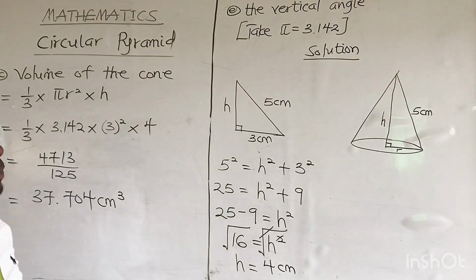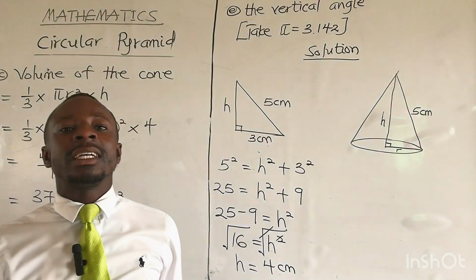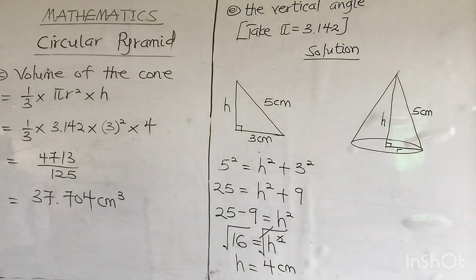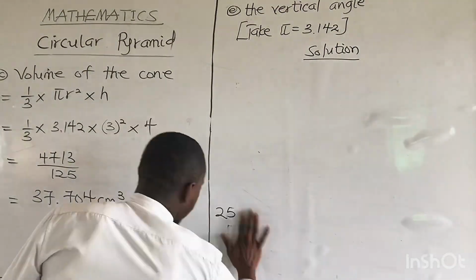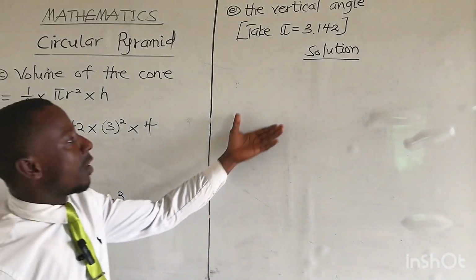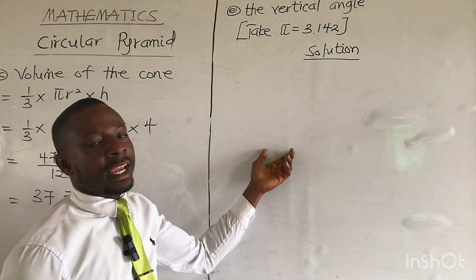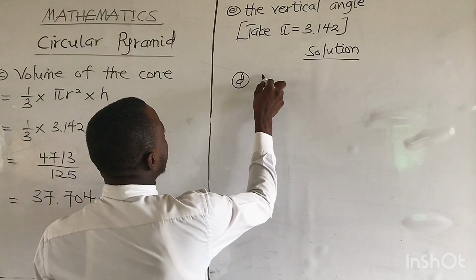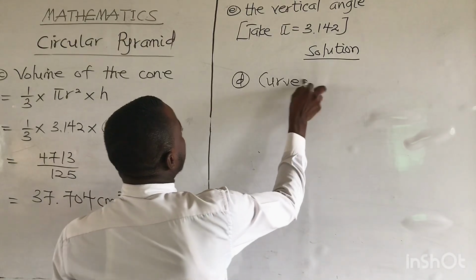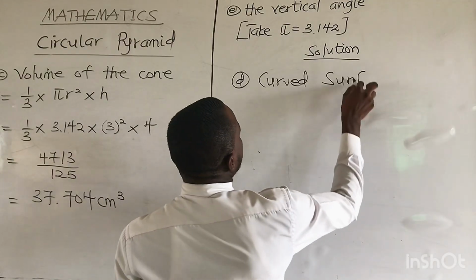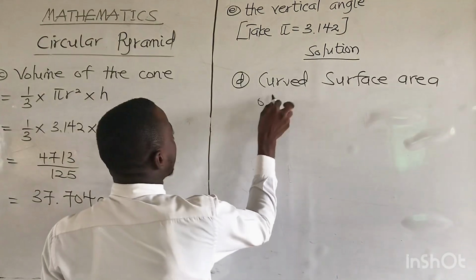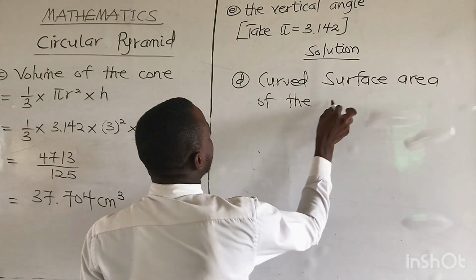So now the next part is the curved surface area. So now let's look at the curved surface area, D, of the cone.